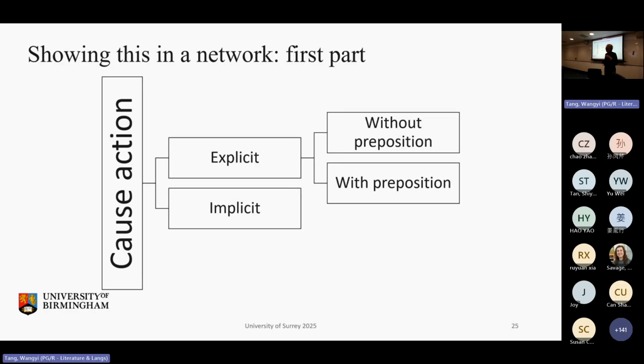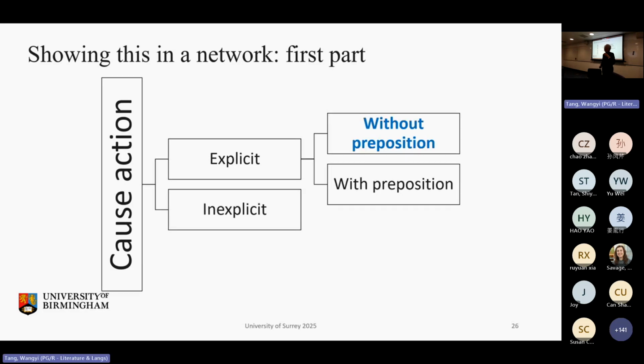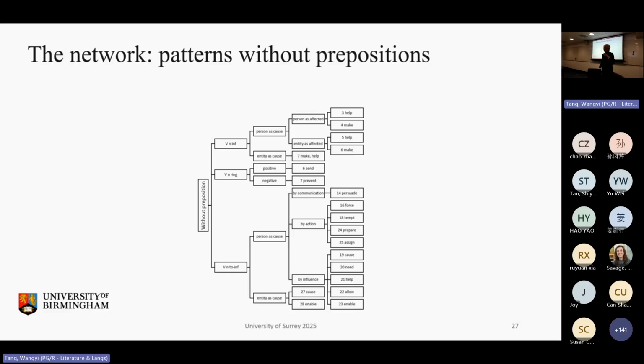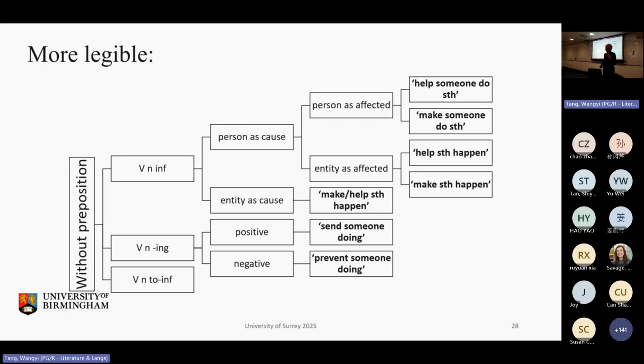And here again, we can show this as a network, but this time, instead of having the form as the entry point to the network on the left-hand side, we've got the meaning. So if you cause an action, you can do so explicitly or implicitly, without a preposition or with a preposition. If we look at the without prepositions, it looks like that. And we can look at just part of it, which makes it more legible.